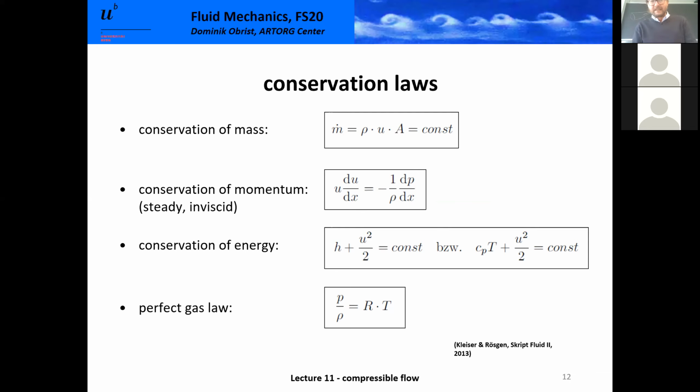That is the situation for a reservoir with a gas in it, under a certain pressure, and we puncture a hole in it, and then the gas flows out. We assume that outside the pressure is really low, let's say we're doing this in outer space where the pressure is virtually zero, and we're going to compute how fast the gas is flowing out.